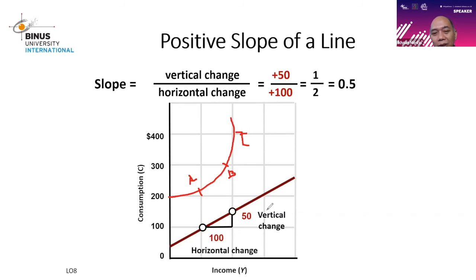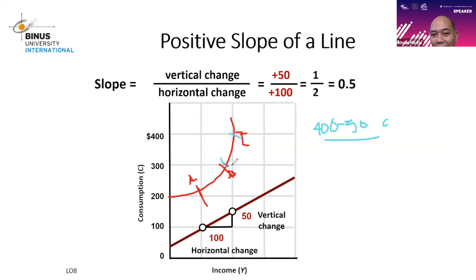And this basically shows you why the slope of a non-linear curve is not going to be the same. Yeah, kan? Because when you compare the slope at points A and B, it is very different, and at points B and C it is going to be different. Ya kan? Say the vertical change is 400 divided by 300. But what about the horizontal change?